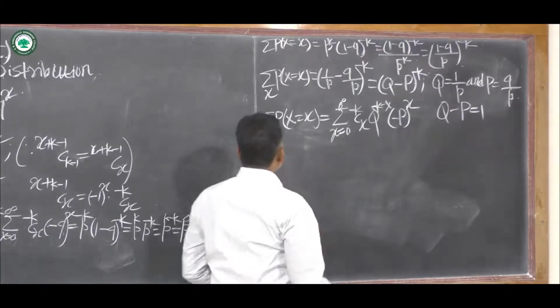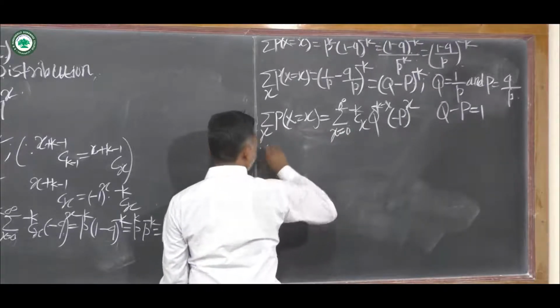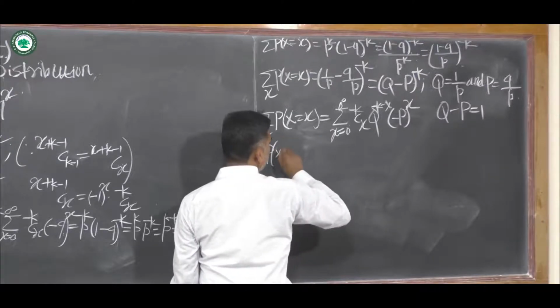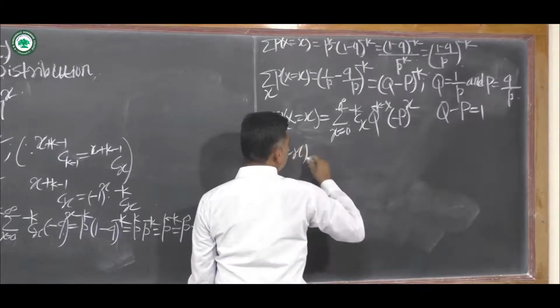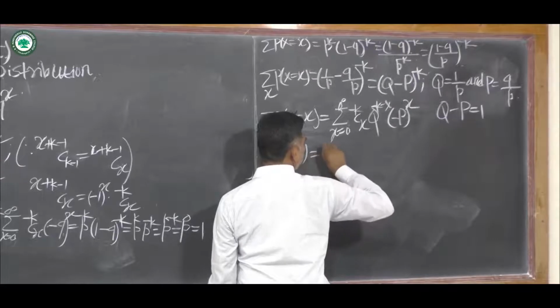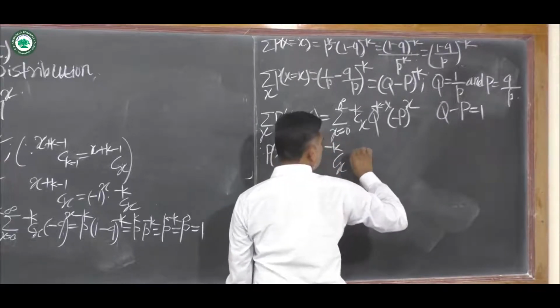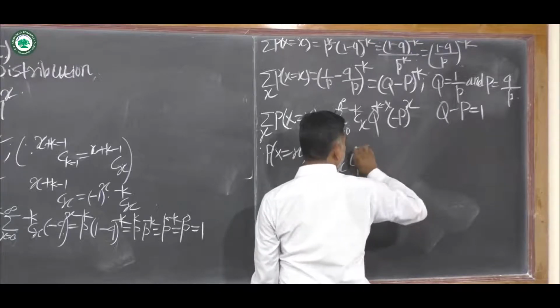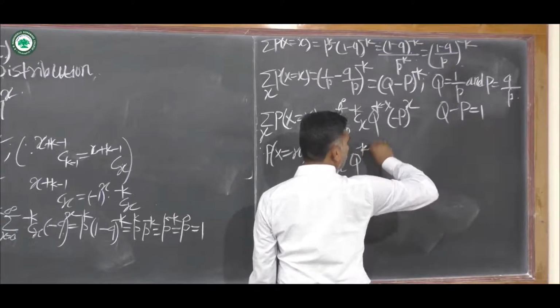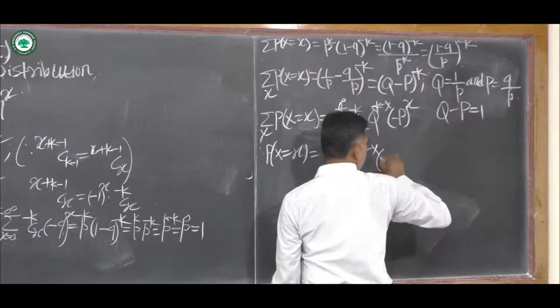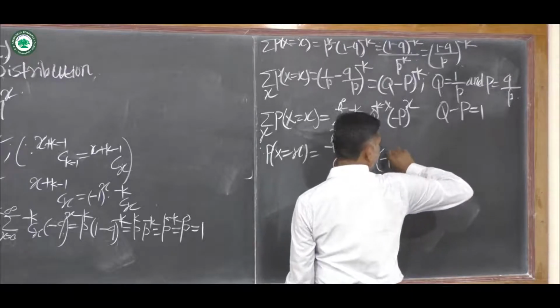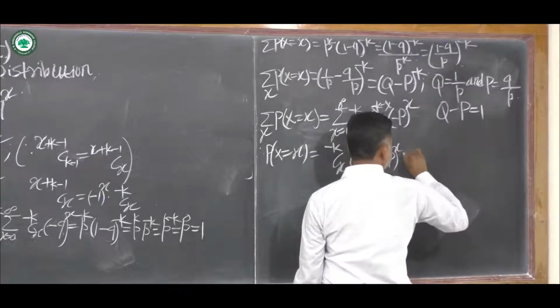Okay, now therefore probability of X equal to small x is equal to minus k C x into q raised to minus k minus x into, in bracket, minus p raised to x.